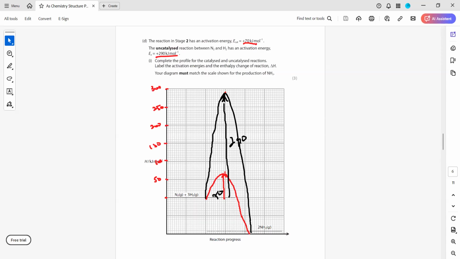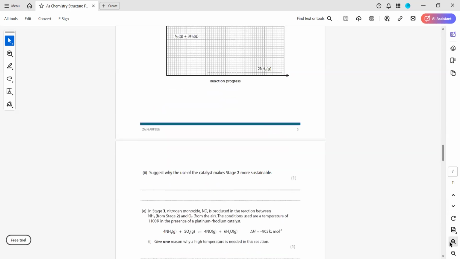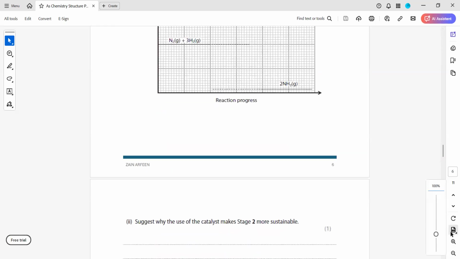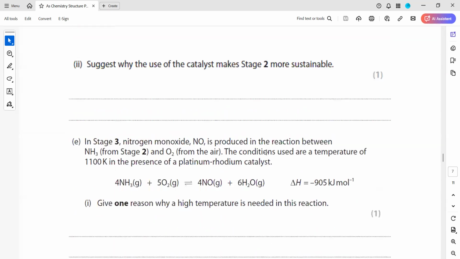But without increasing temperature too much, we can use a catalyst, which reduces the cost of energy production. As a result, it uses less energy. So the reaction will be more sustainable. Part E, any doubt?